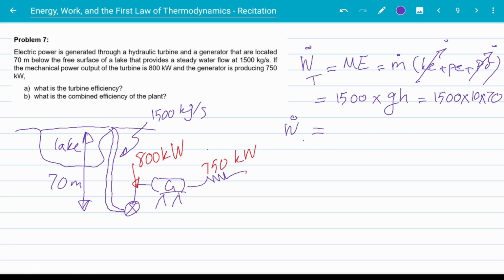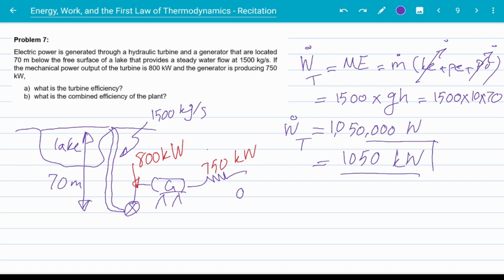We get that the input energy of the turbine, the mechanical energy of the fluid, is 1,050,000 watts, which can be converted to 1,050 kilowatts, right?